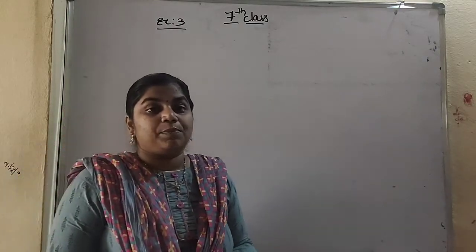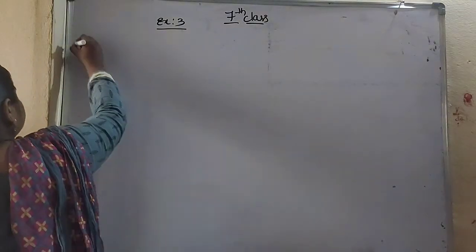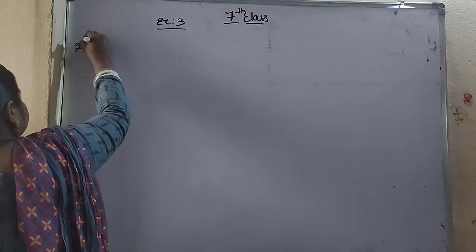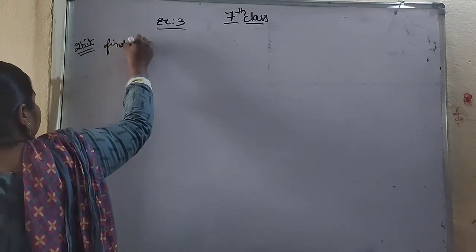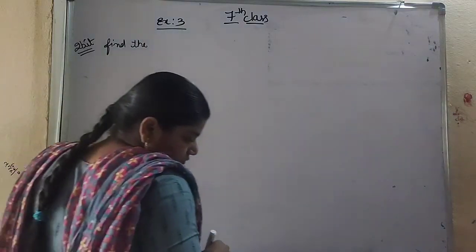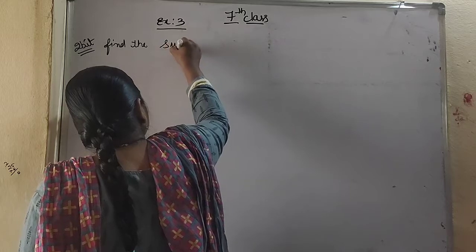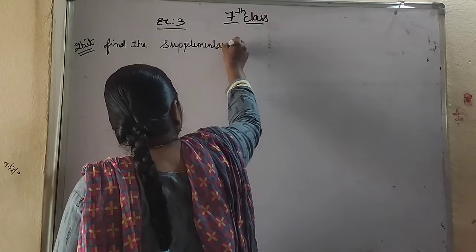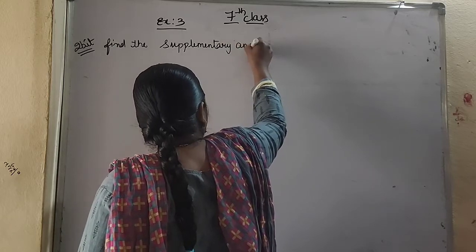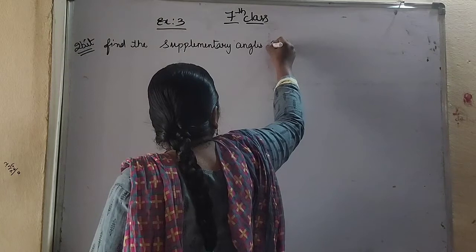We have to find the supplementary angle for each given angle. So the second bit: find the supplementary angles of the given angles.